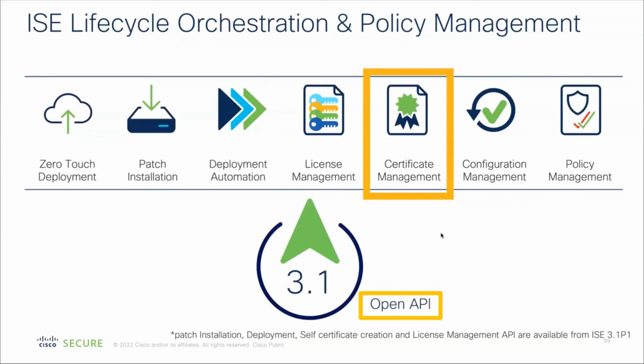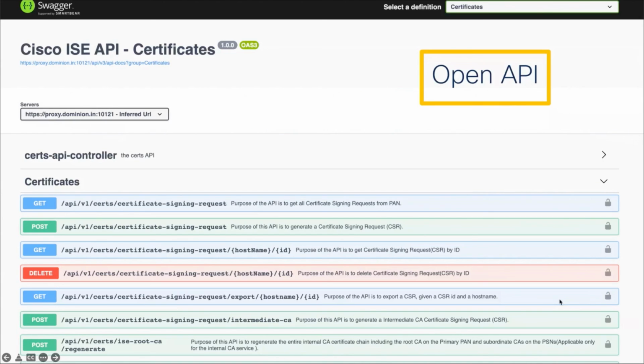Remember, we recently announced 3.1 as a recommended release, and in 3.1 we have open APIs to manage all the certificate operations. Especially from a 3.1 patch 1 standpoint, we introduced self-signed certificate management also. So you can use these open APIs for your certificate operations in the deployment and for automation purposes.